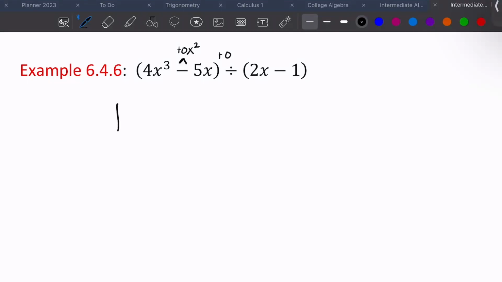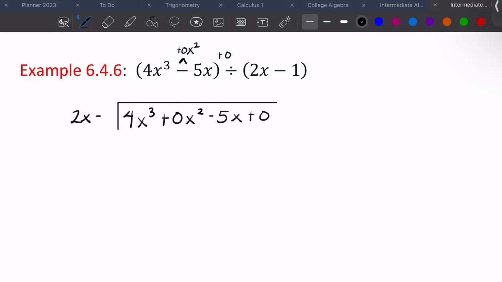So if we set this up, right? Then we do that same process we've been doing this whole time. 2x needs to match 4x squared. So 2x squared.